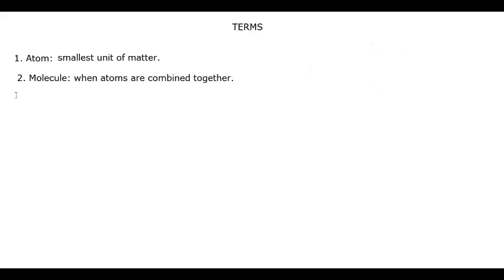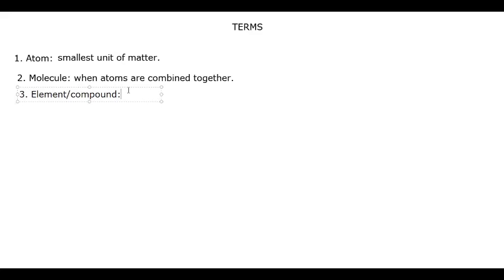Next, let's go. Number 3, the term that I'll be talking about the most, so you should know this term. It is element or a compound, so you just make a slash. Well, they mean the same, but in chemistry, they mean different things.